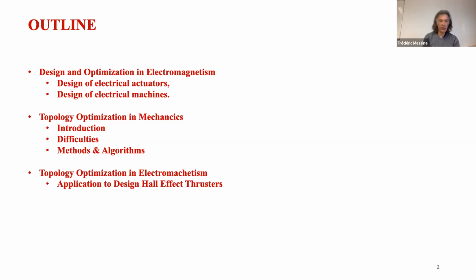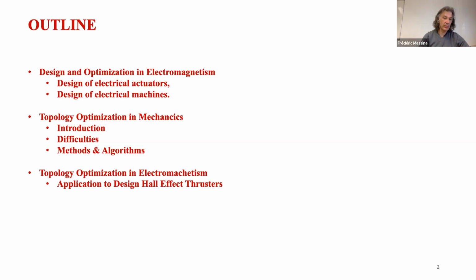So I will introduce what topology optimization is, the difficulties, and the methods and algorithms. In the third part, I will show you how it's possible to solve problems in electromagnetism, mainly the application to design Hall effect thrusters, but it's a bit more general in electromagnetism.